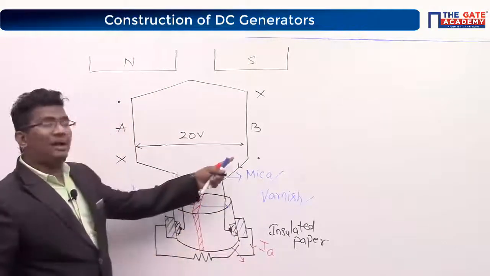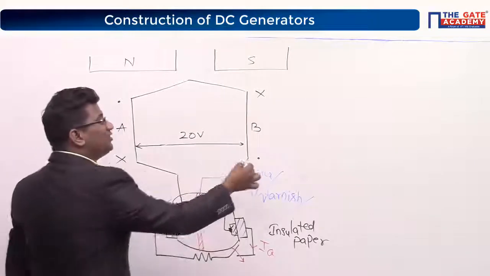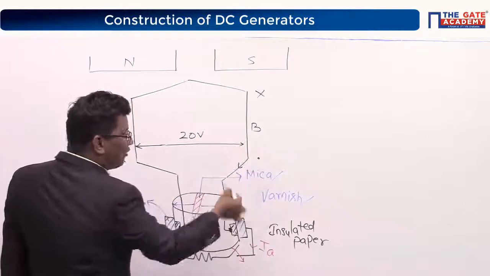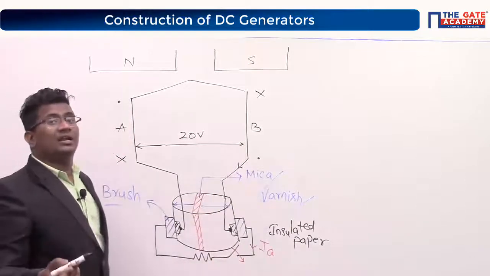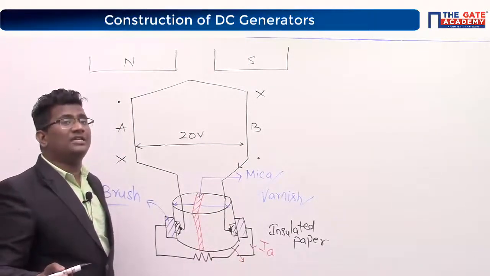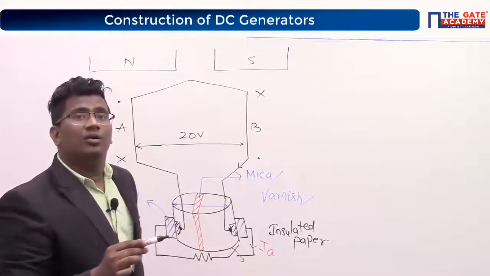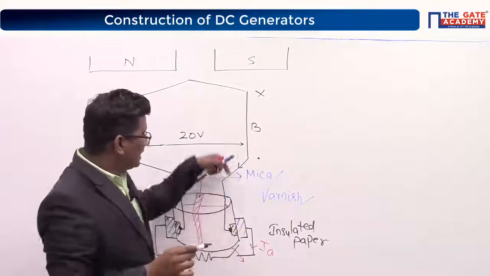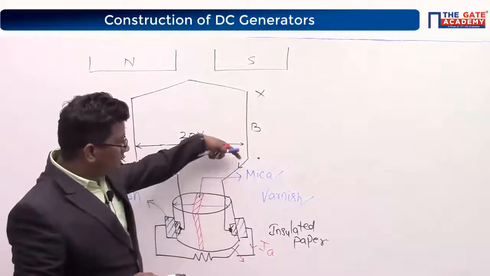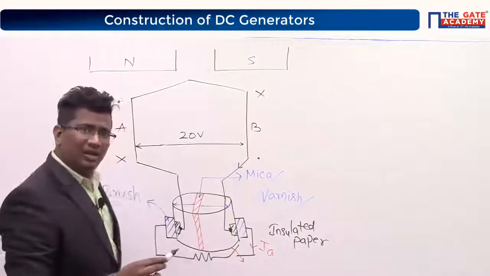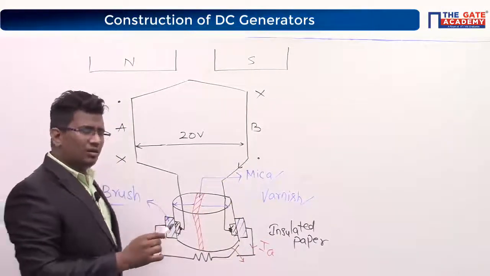The current leaving the generator conductor and the voltage polarity must be the same. The current leaving, is it always a positive terminal? Yes, sir.